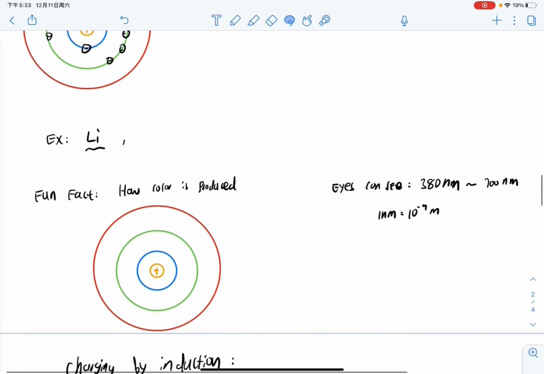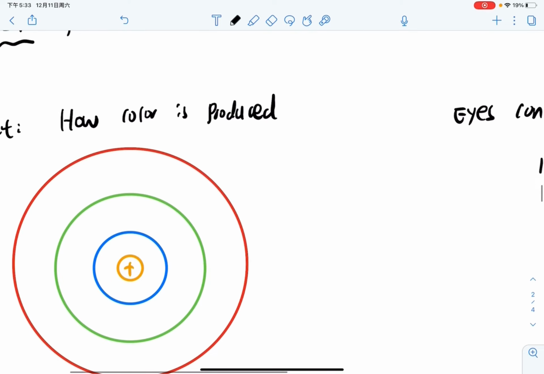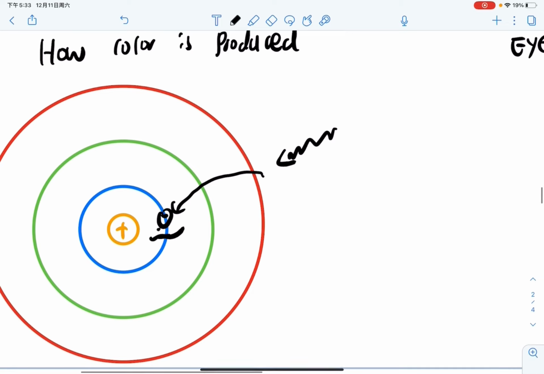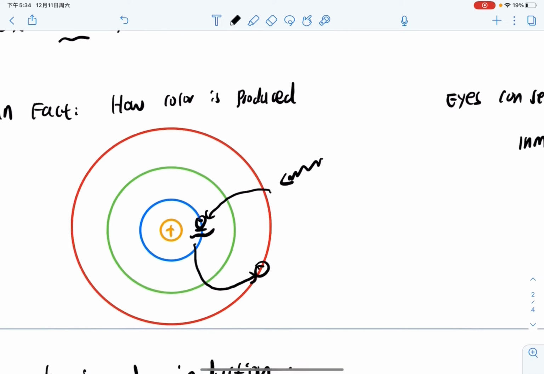And a fun fact, we're going to talk about how color is produced. If you have an electron at this point, and here is an energy, it will give energy to this electron, and the electron will travel to the outer shells.